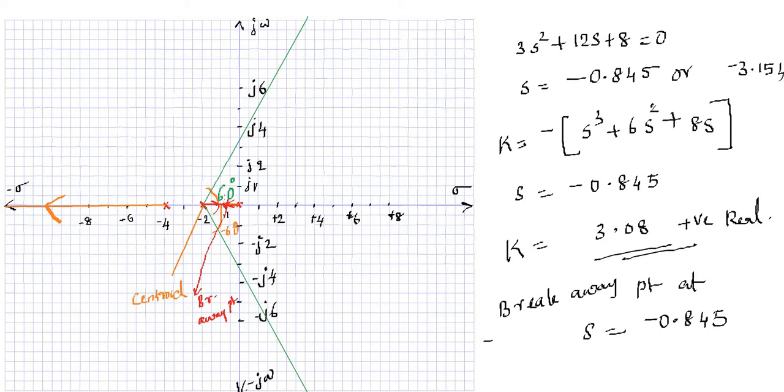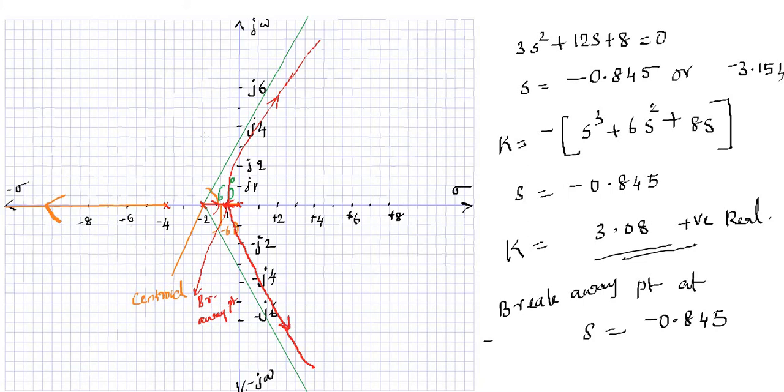So, from this point one branch will go asymptotically to this asymptote, and another branch will go asymptotically in this direction.